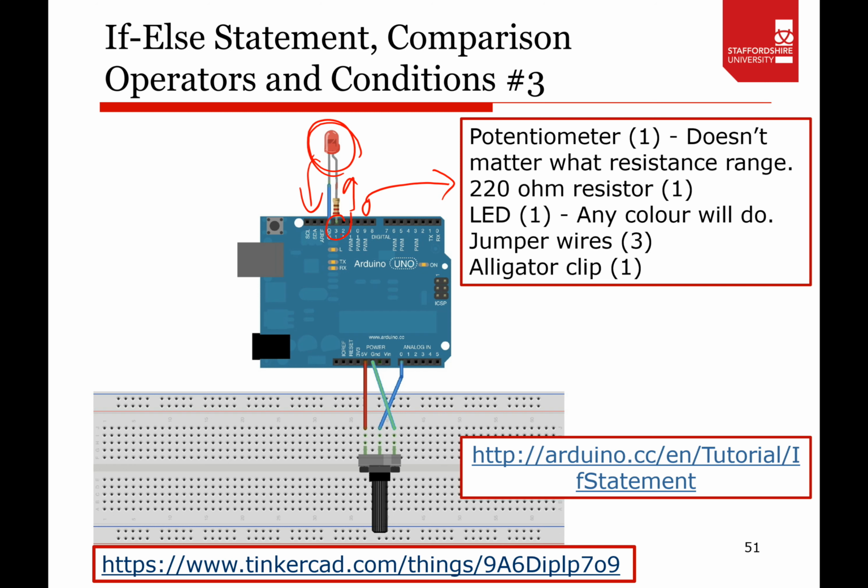We have a potentiometer connected to A0, and either side of the variable resistor, the potentiometer, goes to ground and 5 volts. These are in line here, and that means the breadboard is connected. So we will move over to the if-else example in Tinkercad.